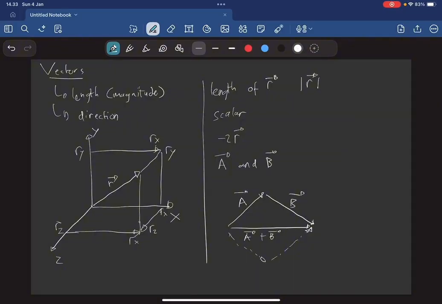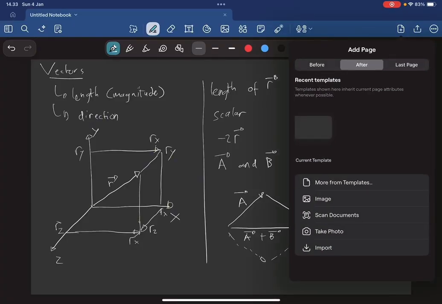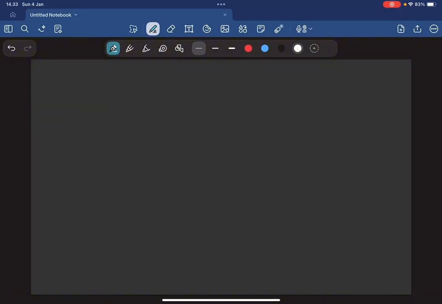Next, we define 3 unit vectors that lie along these axes and have unit length.